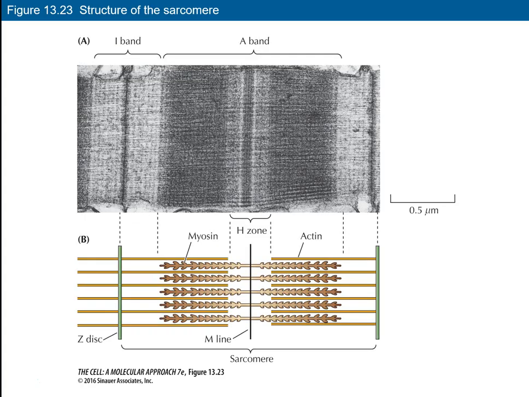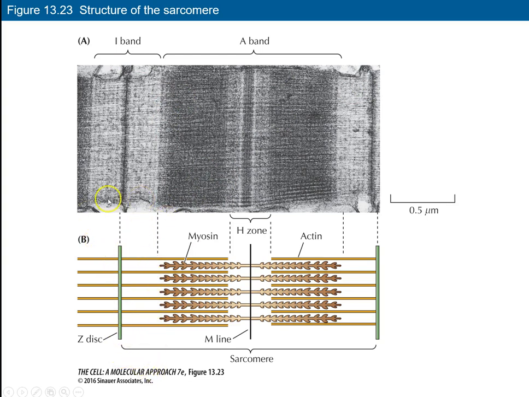All right, so if you zoom in on the sarcomere, this is what this is, right? An electron micrograph showing you that, and you can see, based on the picture, what that corresponds to, okay? And so you notice that there are these different zones and different bands that are named, and basically it has to do with what proteins exist there, right?